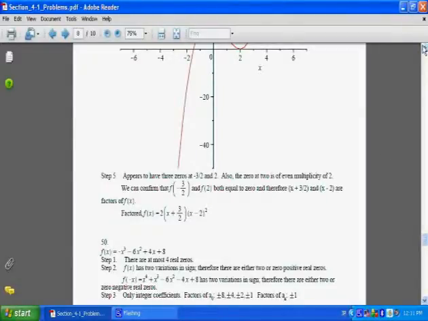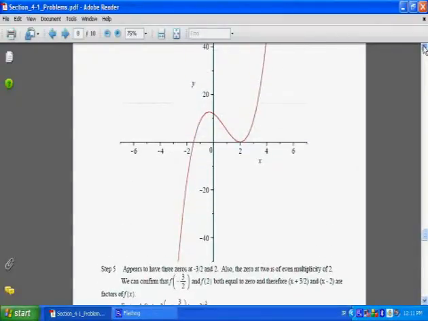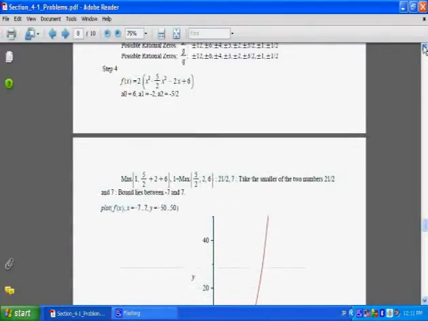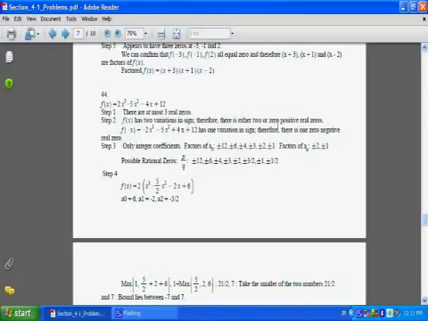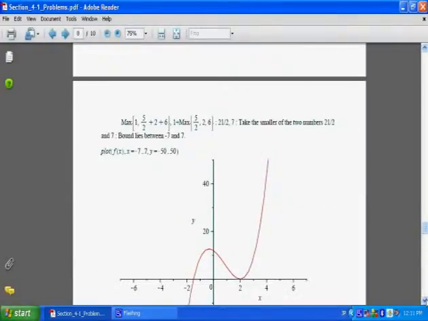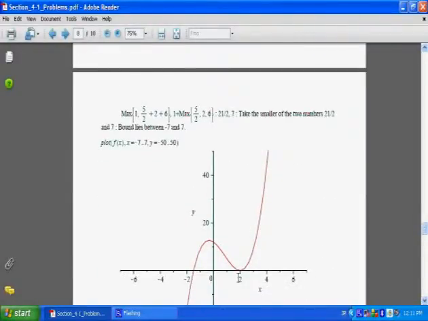Another thing to notice on the graph: remember it said we were going to have either 2 or 0 positive real zeros and 1 negative real zero. So as far as our positive real zeros, although it looks like we only have 1 zero, actually we have 2 there, because the graph bounces off the x-axis and goes the other way. That means the zero for this term is going to be of even multiplicity.